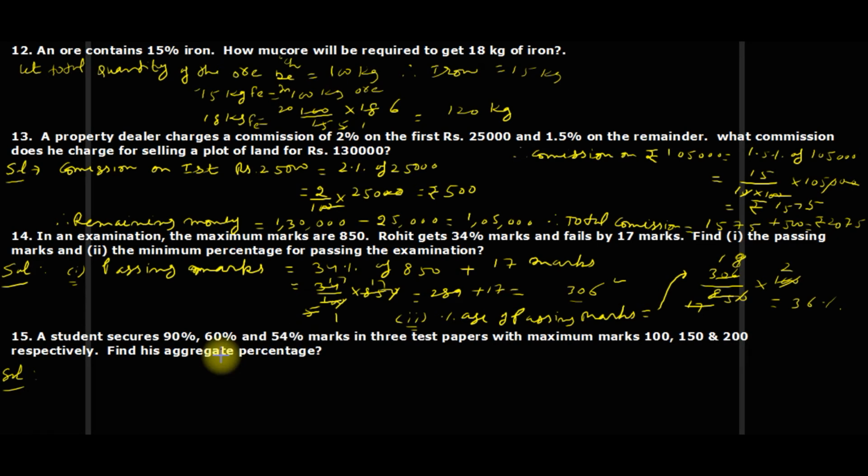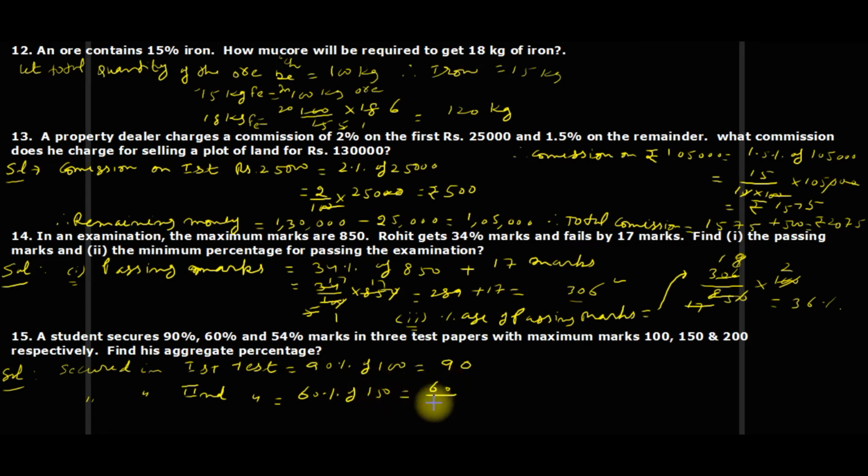Right, secured in the first test, how many marks? 90% of 100. This will cut 90. Clearly 100 will be cut by 100, 90 will remain. Secured in the second test, 60% of 150.